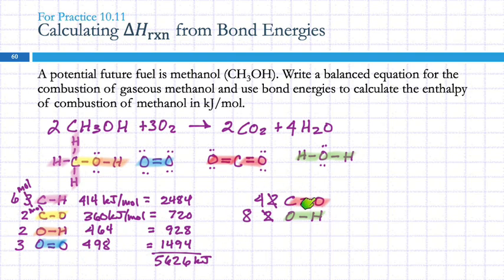And then over here, these bonds are being formed. So instead of requiring energy, these are releasing energy. The carbon-oxygen double bond is going to release 799 kilojoules per mole. And there's 4 moles of that. So I'm writing that as a negative because it's releasing that energy.